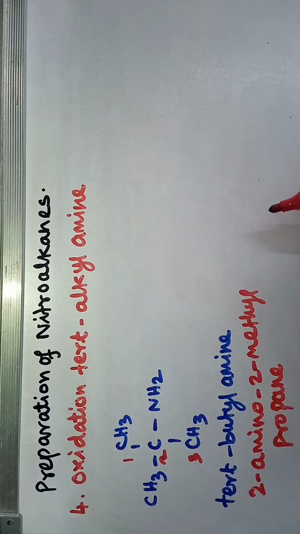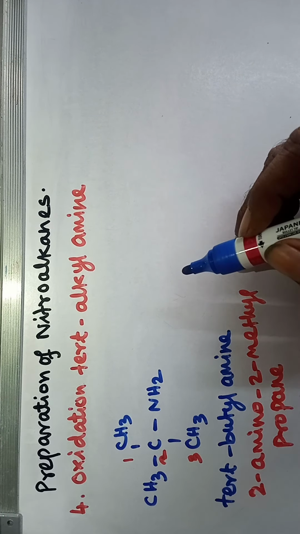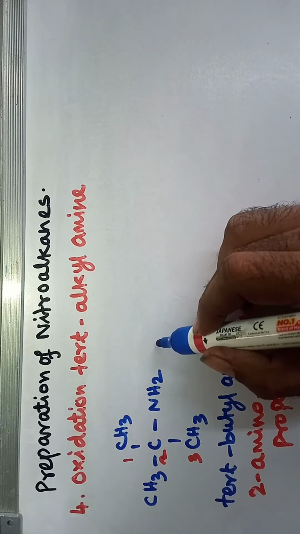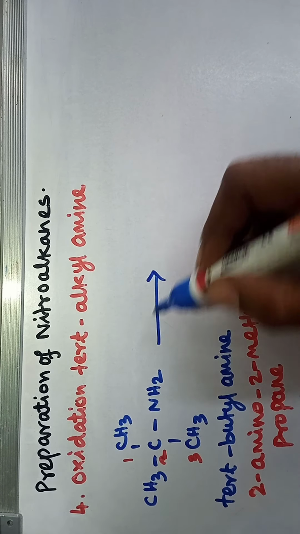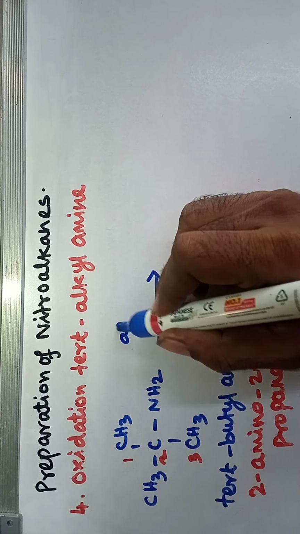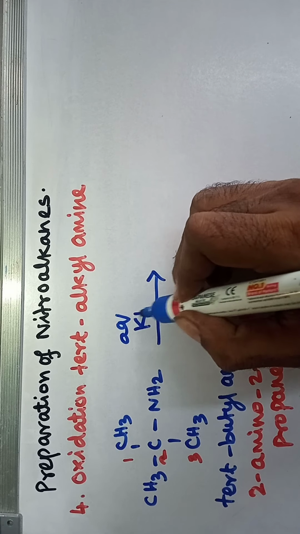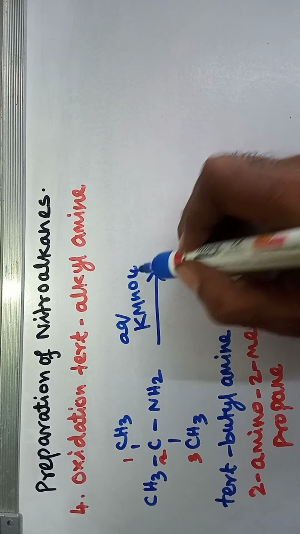So here the oxidation of tertiary alkylamine with aqueous potassium permanganate gives tertiary nitroalkane. Here it is oxidized by aqueous potassium permanganate, KMnO4.